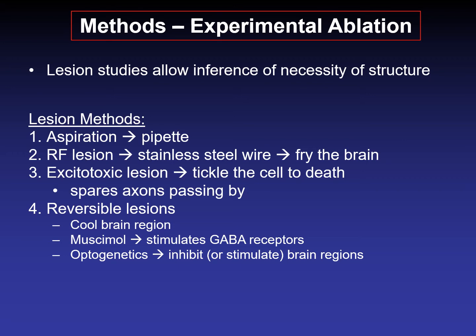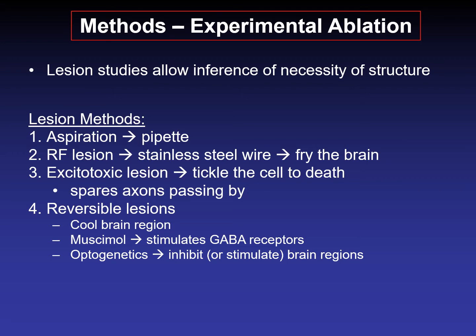And here, this muscimol stimulates GABA receptors. GABA receptors are always inhibitory. So if you stimulate GABA receptors, you're causing neurons to become inhibited. And then a third way of doing reversible lesions is through optogenetics. Here, you modify genes to be sensitive to light, optogenetics.